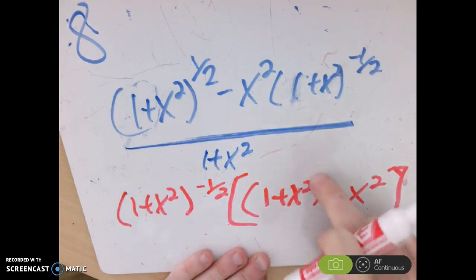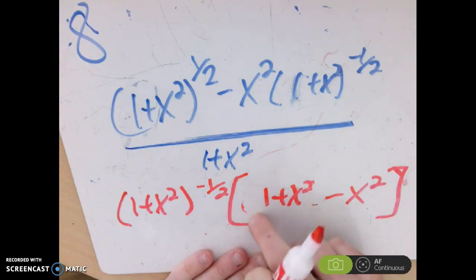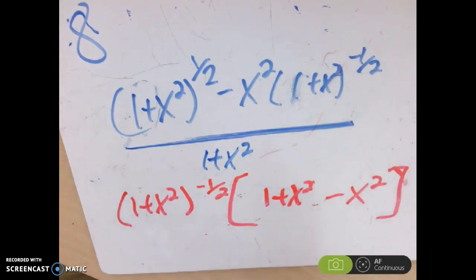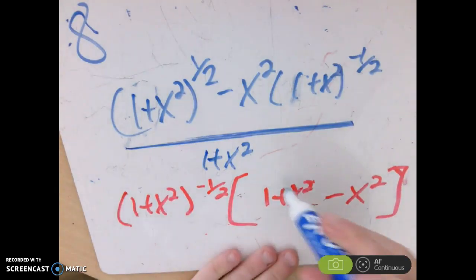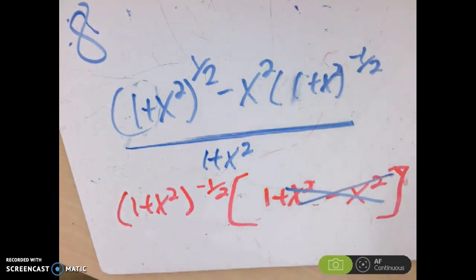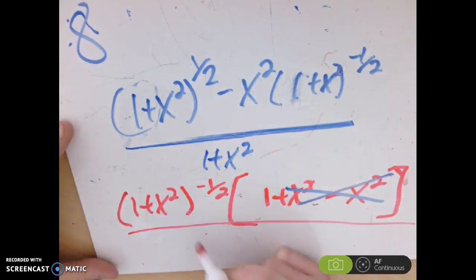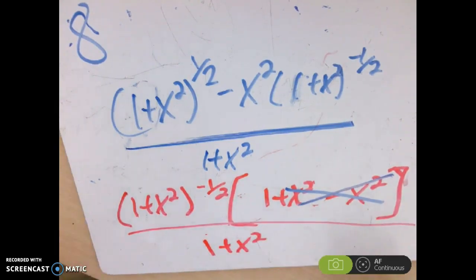But these parentheses in here don't really do anything for me, so I can get rid of them. And I can say 1 plus x squared minus x squared. Well, that plus x squared minus x squared, that's going to cancel out, right? So I'm just going to be left with 1 inside that parentheses. And then this is all over, I can't forget about this, 1 plus x squared. So then if I continue that onto my next slide, let me erase. Hang on, I'm erasing.